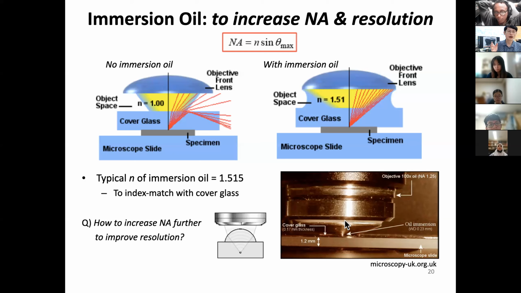Think about this. You have an extremely expensive objective lens. You have an even more important sample, which you made over several nights. If you just put it there and try to focus, you can break your sample, and even worse, you may break your objective.